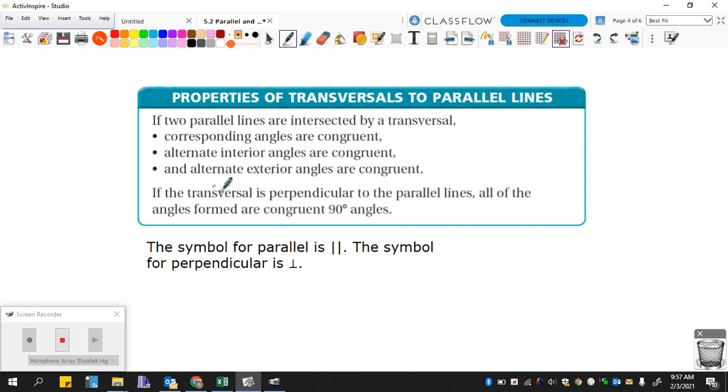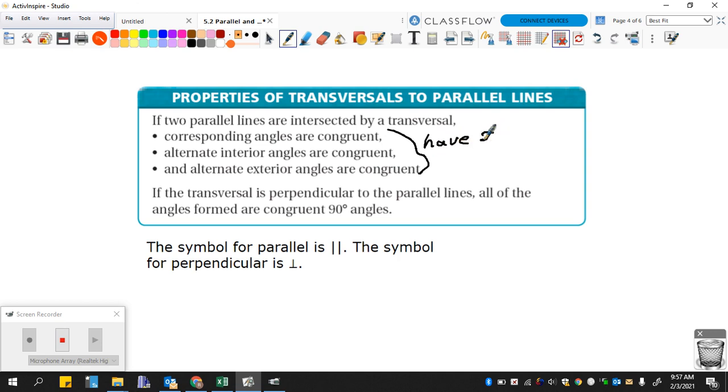Basically, all of these angles that we've talked about are all going to be congruent, which, remember, congruency means that they have the same measure.